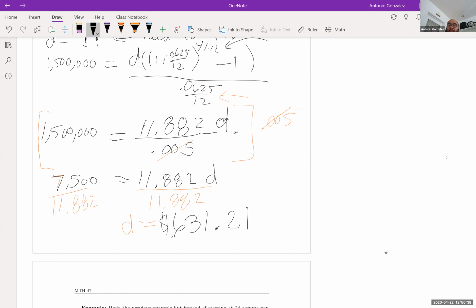So over the course of 41 years, if you start saving at the age of 24, $631 a month will give you $1.5 million at the end of that time period.